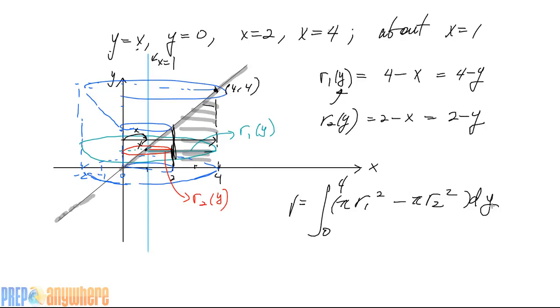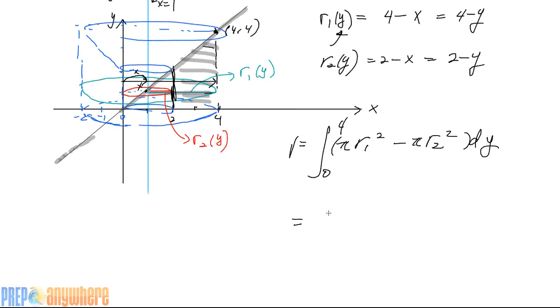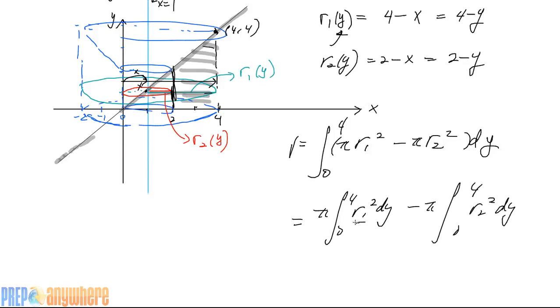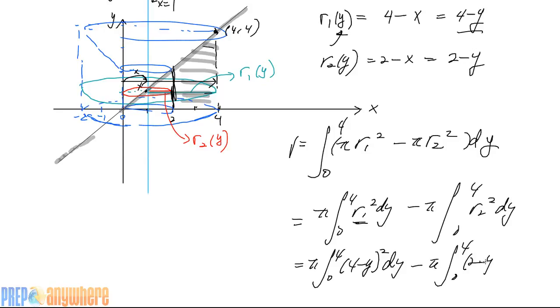So pi integral from 0 to 4 of r1 squared dy, minus pi integral from 0 to 4 of r2 squared dy. And replace r1 with this. So it's (4 minus y) squared dy, and (2 minus y) squared dy.